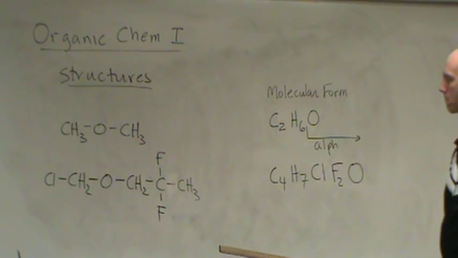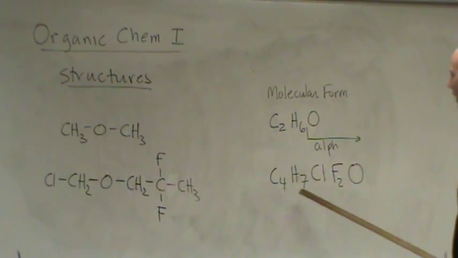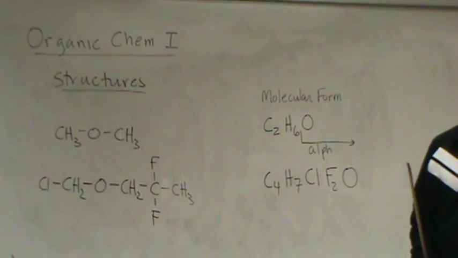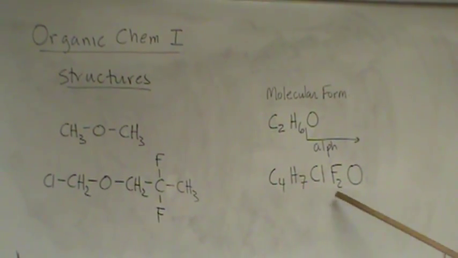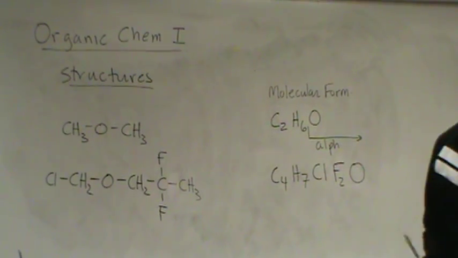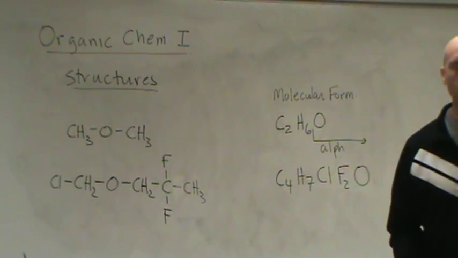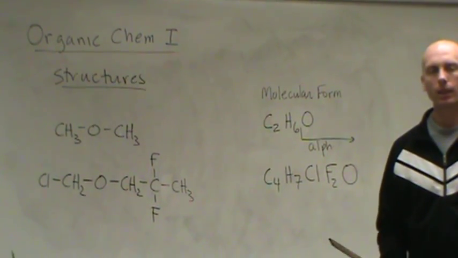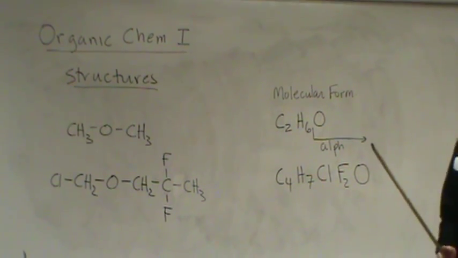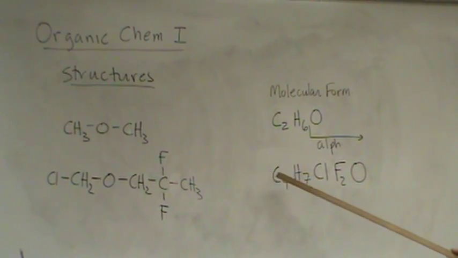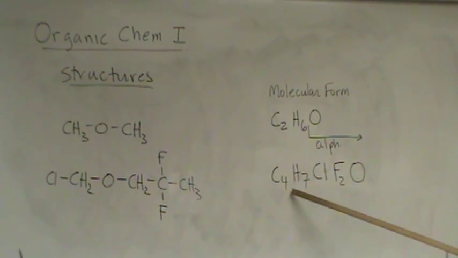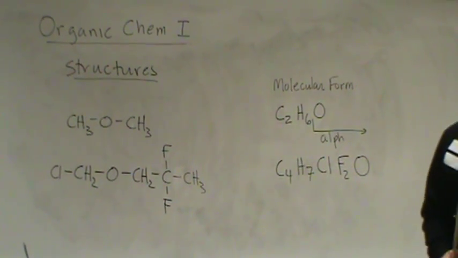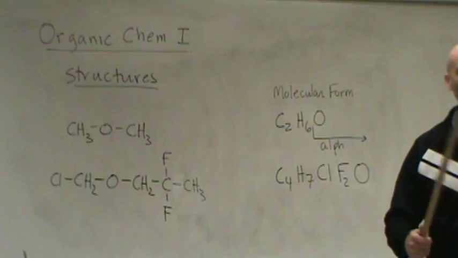Okay? Note that you could rearrange atoms and get a different molecule with this same molecular formula. Those are called isomers, or structural isomers, which we'll get into later. Okay? But you might want to make a note of it at this point, that just because I have a molecular formula, it doesn't mean that there's only one possible molecule with it, but there could be more than one.